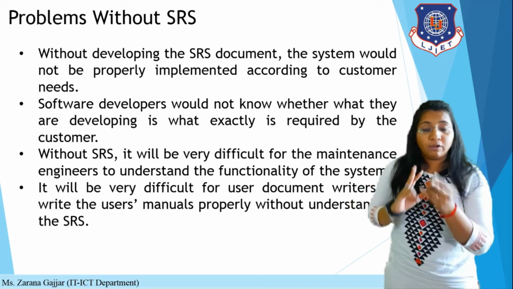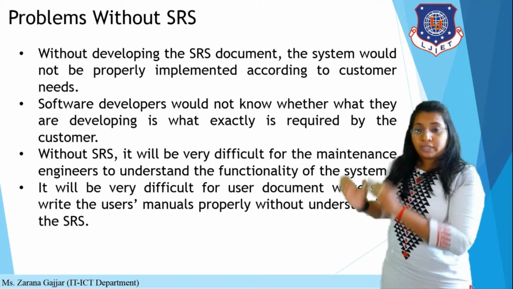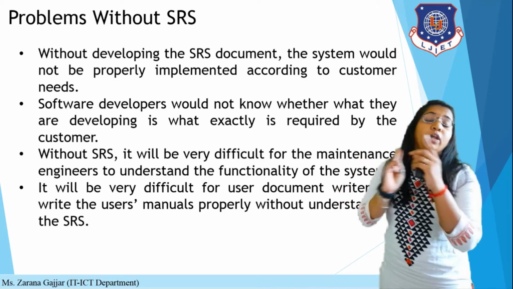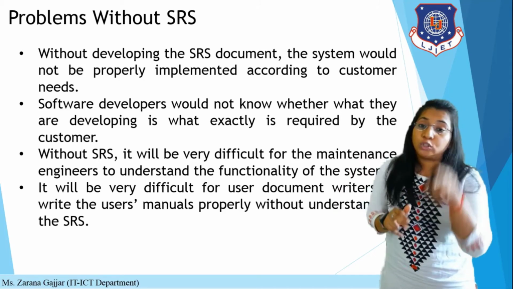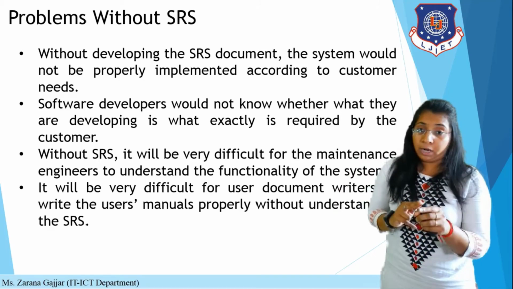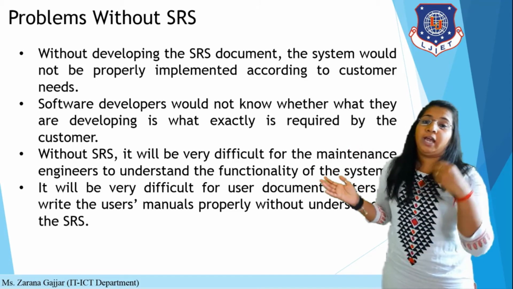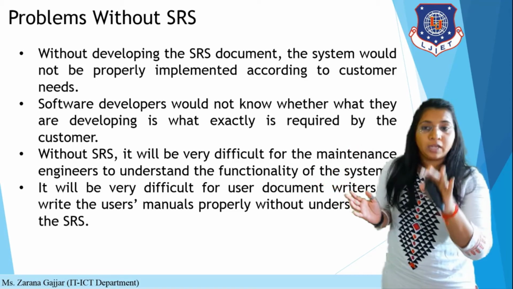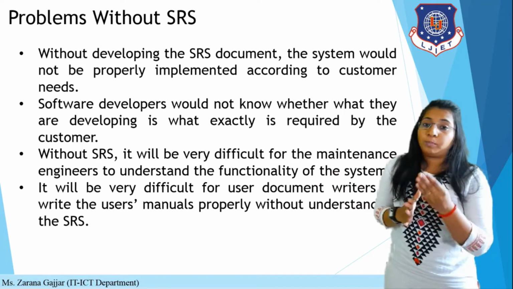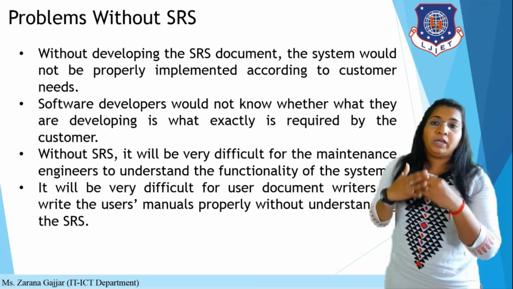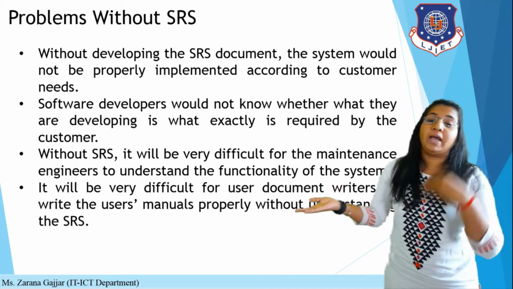So here a conflict arises. The team member will build a requirement that is not the actual requirement of the customer. So a developer will develop something else and the customer actually needs something else.